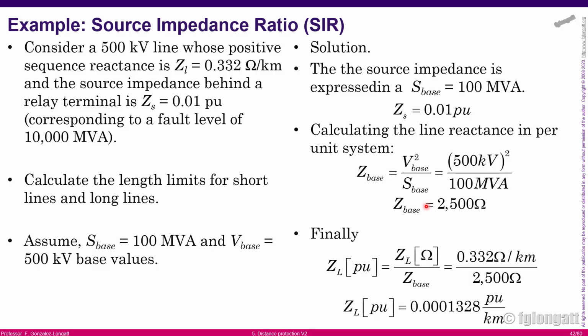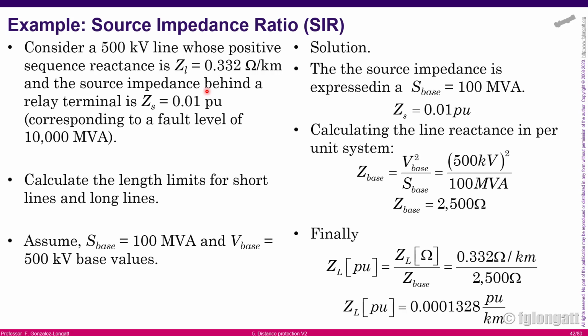Imagine that we have a 500 kV line and the positive sequence reactance is around 0.332 ohms per kilometer. We also have a source impedance of 0.01 per unit, representing a 10,000 MVA source.